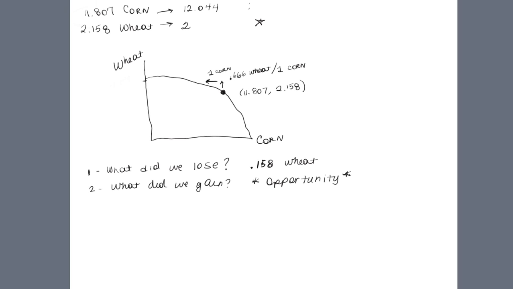So one thing we're going to ask is, okay, well, if we lost 0.158 billion bushels of wheat, how many 0.666 are in it? Because that'll tell us how much corn we will have gained. And that gives us 0.237 corn.